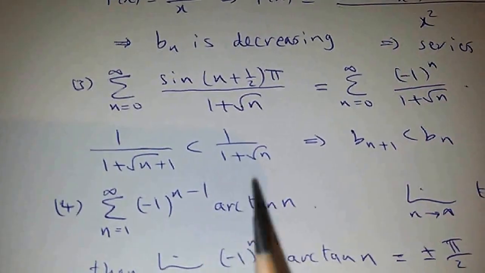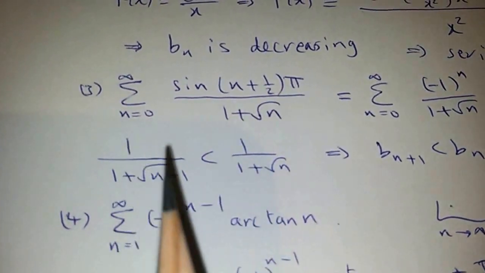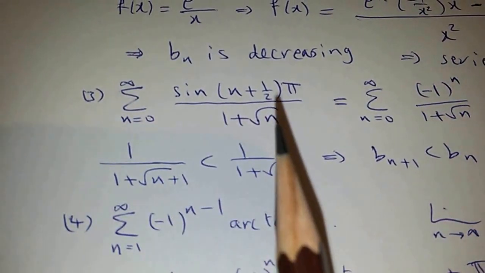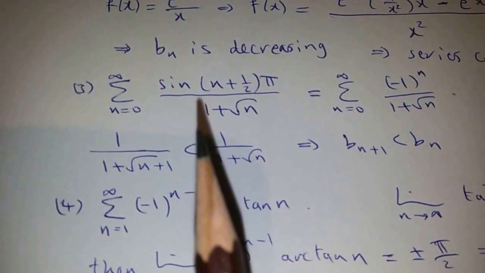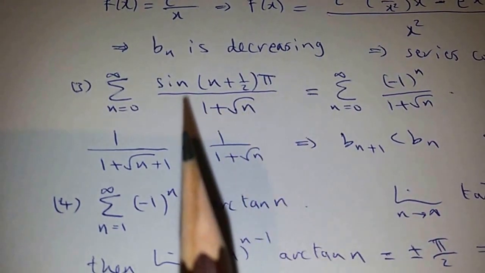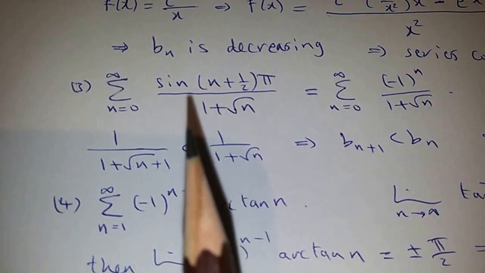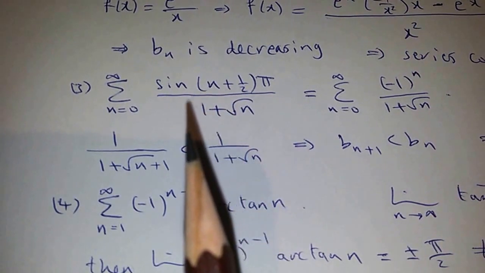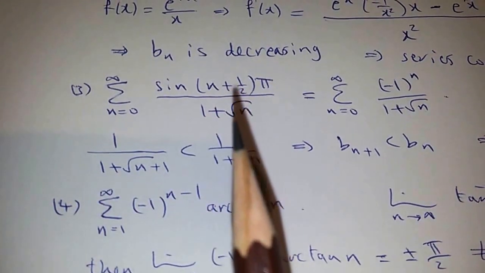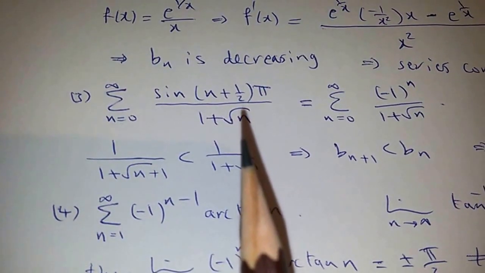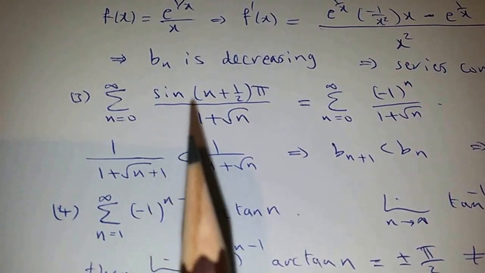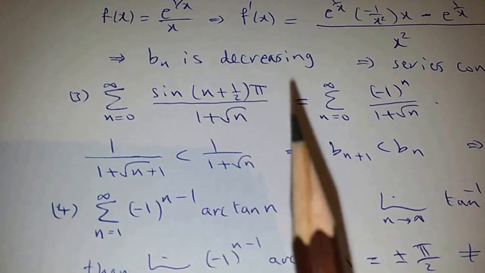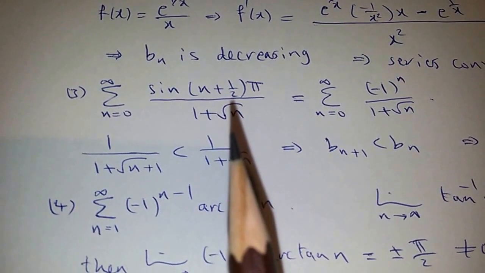Another series. It doesn't seem from the beginning that this series is an alternating series, but if you find some terms, you will find that if n is 0, it is sine pi over 2, which is 1. If n is 1, it is sine 3 pi over 2, which is -1. If n is 2, it is sine 5 pi over 2, which is 1.